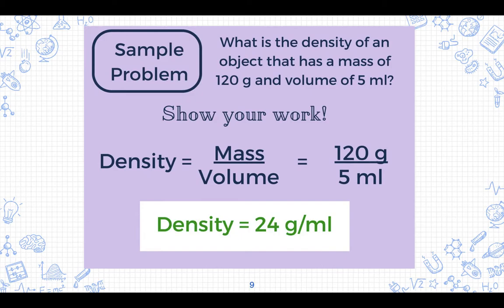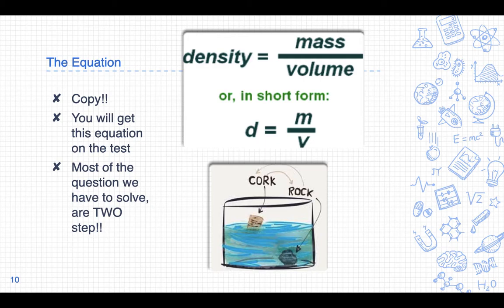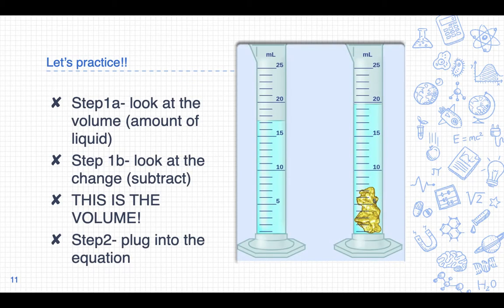So the density is the mass divided by the volume. We have this already in our notes, so you don't have to recopy this. Again, looking at the cork versus the rock, the cork has less density than the rock does because it's going to float.